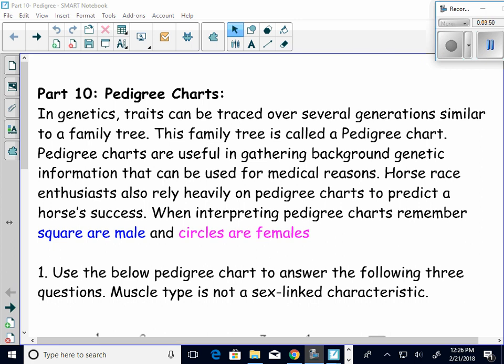Now, we could figure that out, couldn't we? She's got to be a carrier, right? She's not colorblind, I don't think, so that means she must be a carrier. So what are the odds that Mr. Hirschfeld's son is colorblind?